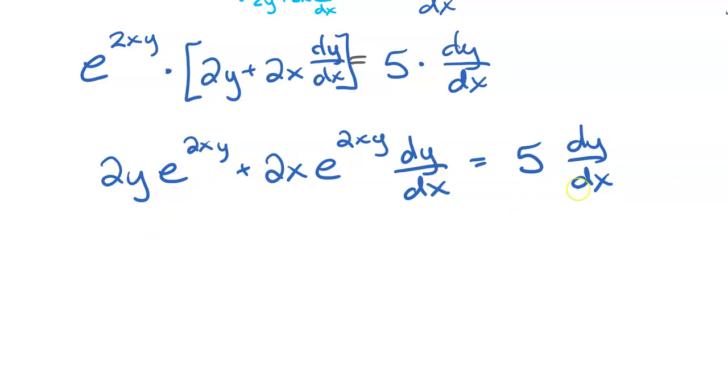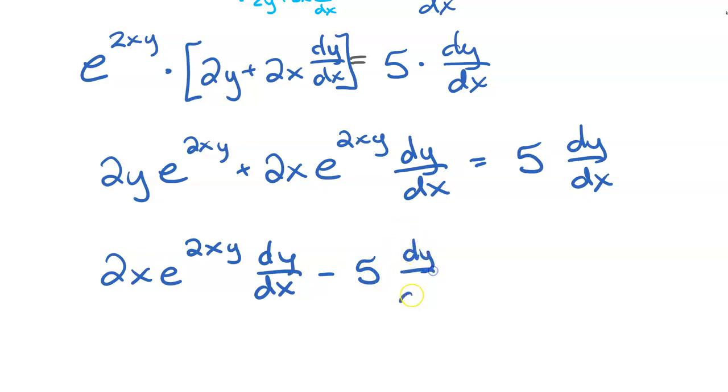And then I'm going to treat dy/dx as a GCF. So that ends up doing this. Everything that's a dy/dx on the left, everything that's not a dy/dx on the right.